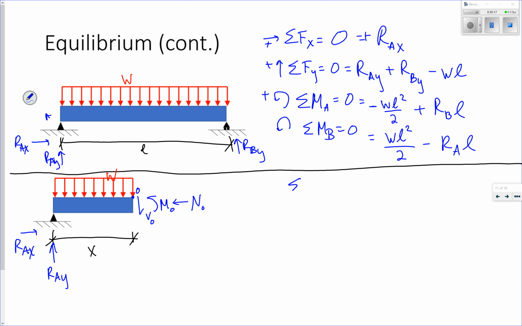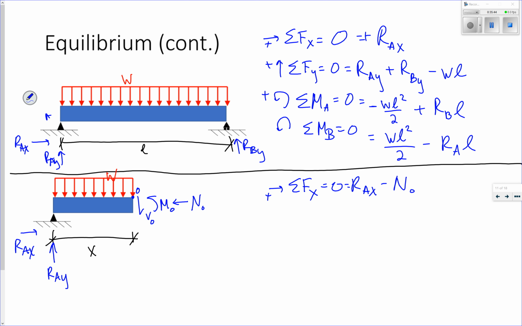Again, I'm going to solve the forces in the x direction. Right is positive. I have RAX, my reaction at A in the horizontal direction, and my axial force at O where I cut my beam.